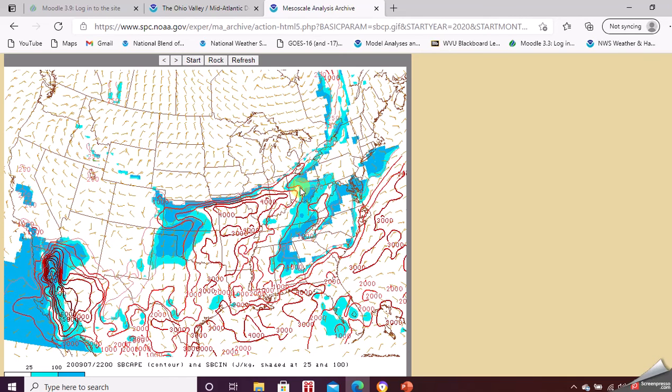So there were literally over 2,000 to 3,000 joules of CAPE. Anything over 1,000 to 1,500 is significant. And when you're getting up into these numbers, it's no wonder with that kind of convergence and uplift being pushed in there, that much energy, everything was coming together to give a good line of thunderstorms through your area. So that's why you got that extreme event there.